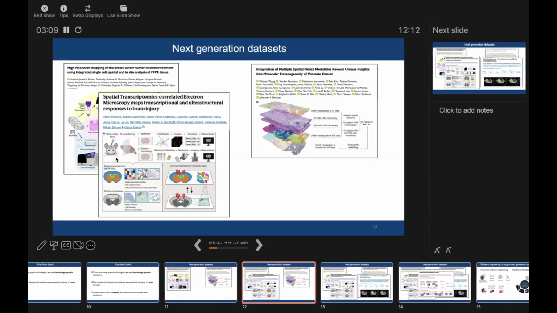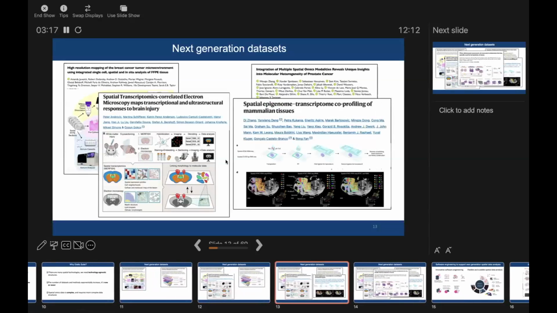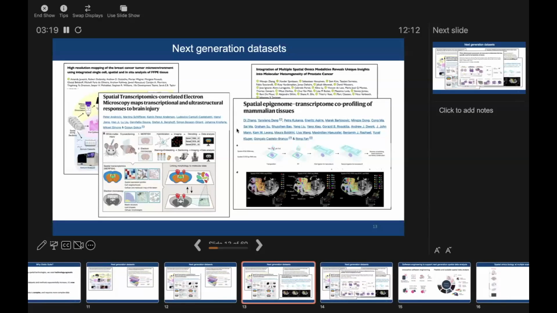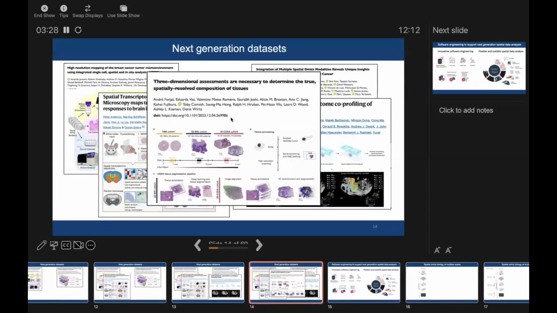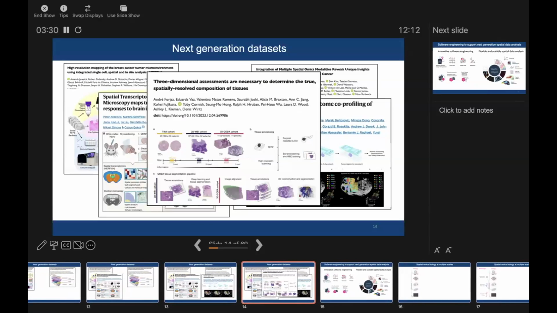Again, something similar is where a group combines MERFISH and electron microscopy. Really exciting work. What Ron Fan basically just described, doing the same on the same tissue slide, he was able to do epigenome and transcriptome co-profiling. Other groups are also starting to work on 3D data sets. So you basically make a 3D tissue data set rather than a 2D data set.